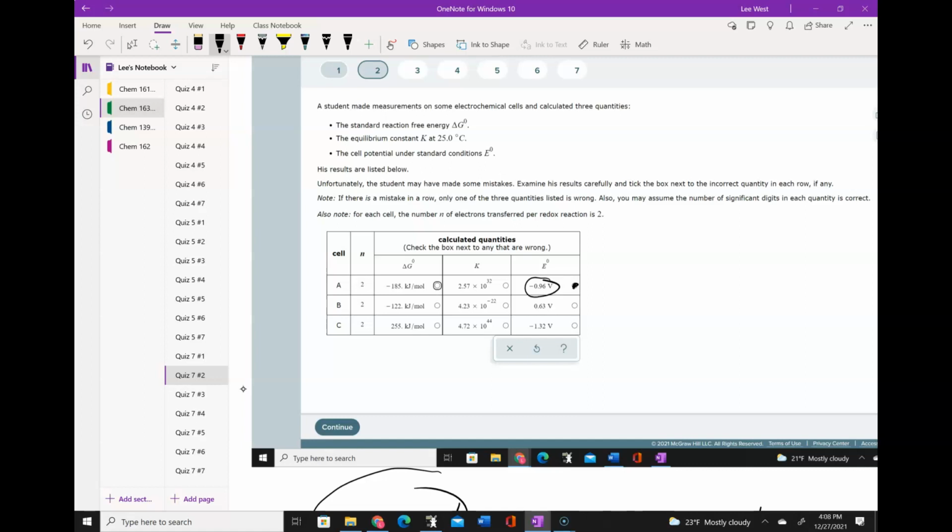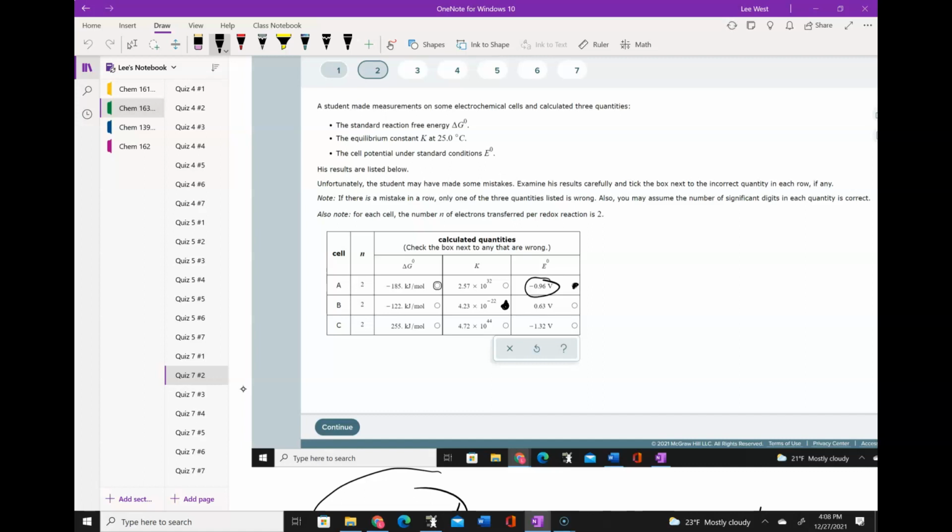It says if there is a mistake in a row, only one of the three quantities listed is wrong, so be aware of that. Delta G in this second one is negative, so K should be bigger than 1 and E naught should be positive. K in this case is really, really tiny, so it must mean that K is incorrect.